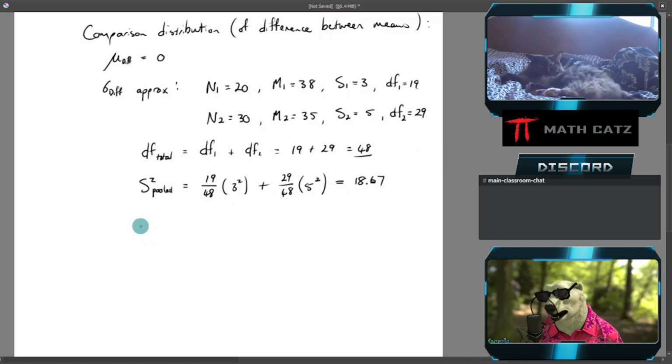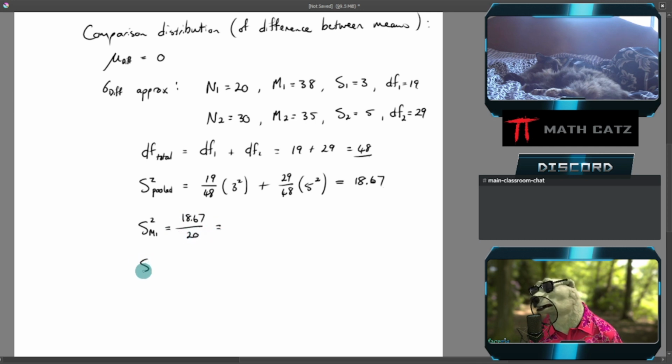So my variance estimate for the distribution of means, because that's what I'm looking at. I have a sample of more than one, so I have to look at the distribution of means for that sample. It is going to be the pooled variance divided by the sample size of 20.